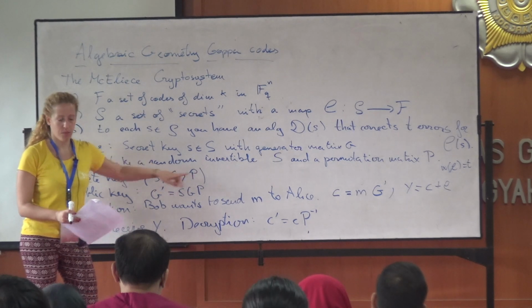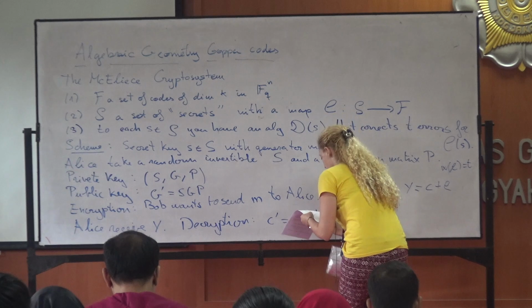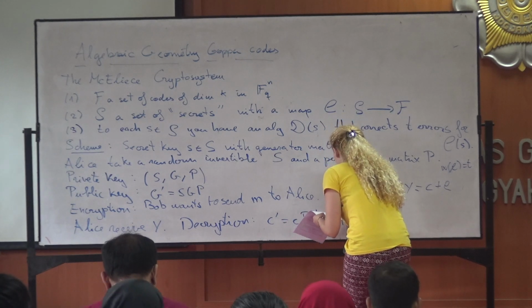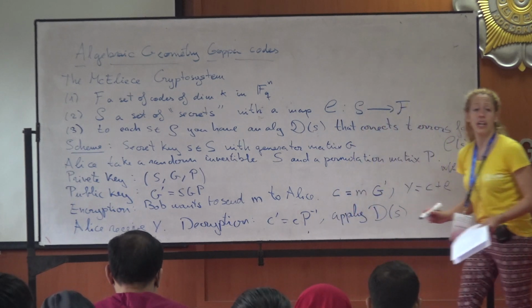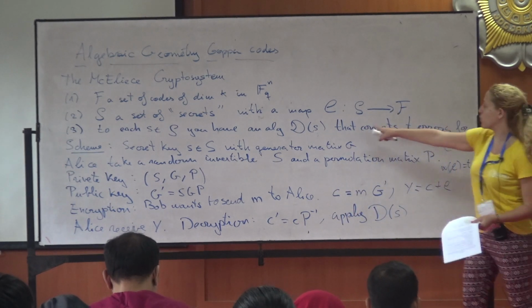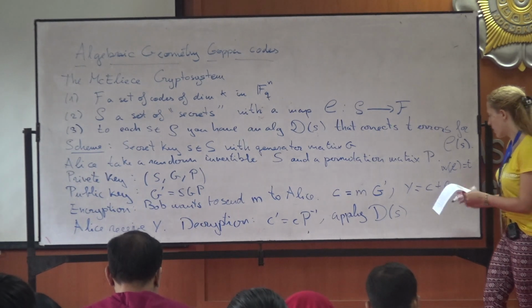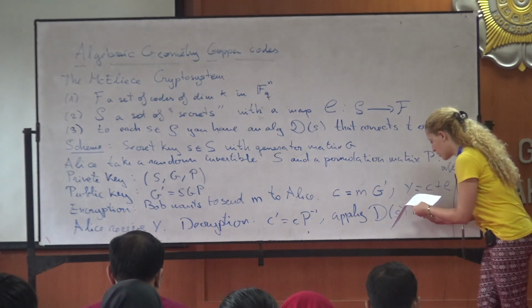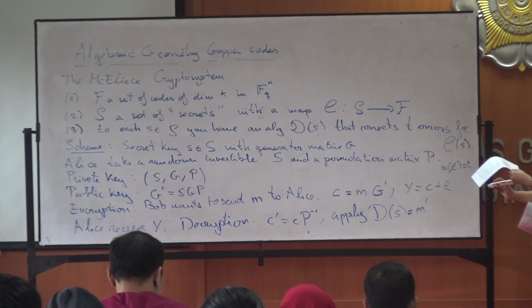So P is here, okay? And now apply the decoding algorithm that you get from here, in order to find M prime, okay?